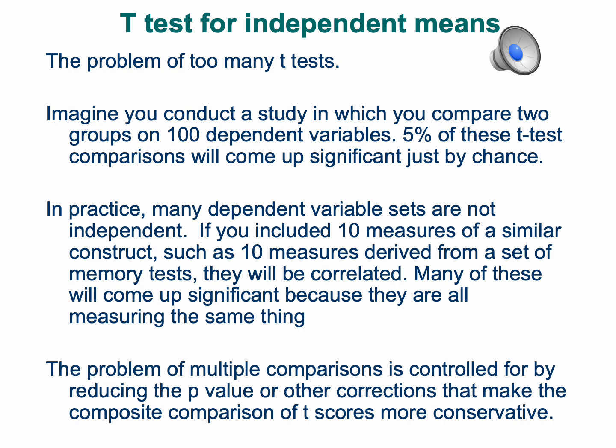What you need to do at the front end is refine your dependent measure set to a set of hypotheses, so that you have a strong theoretical model that will explain differences if you find them. If you don't have this theoretical model, you'll collect lots and lots of data, crunch it all down with t-tests, and you'll end up with 5% of them or so discovered by chance. You'll start to try to interpret them, but you really shouldn't.